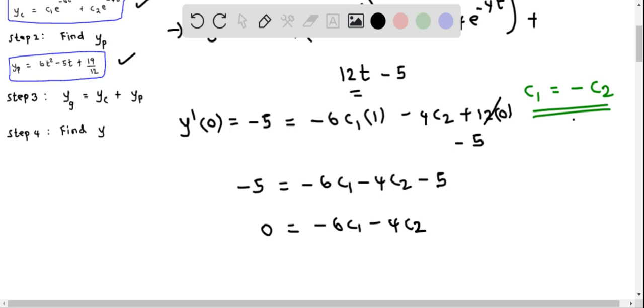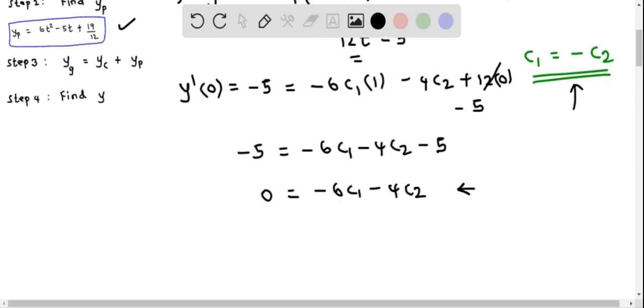We now replace c1 equals negative c2 into this equation to solve for one of the variables. So we get 0 equals negative 6 times c1, replaced as negative c2, minus 4c2.